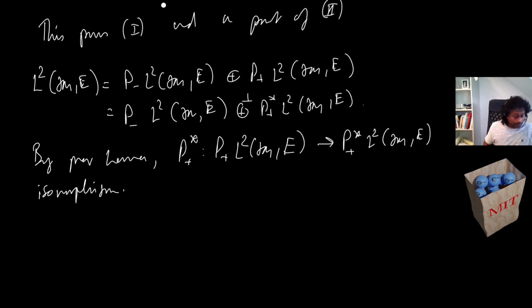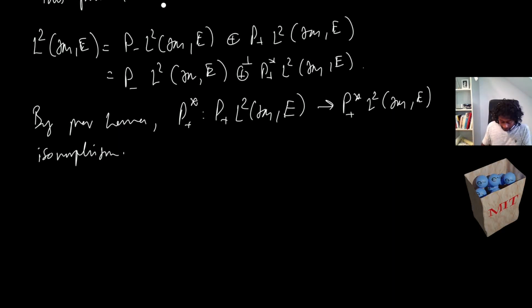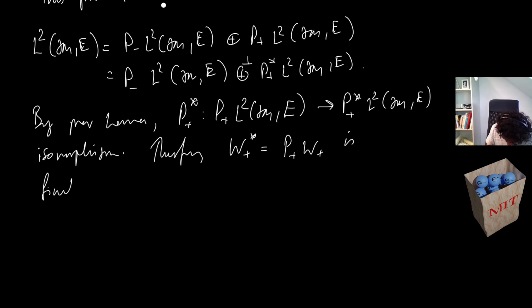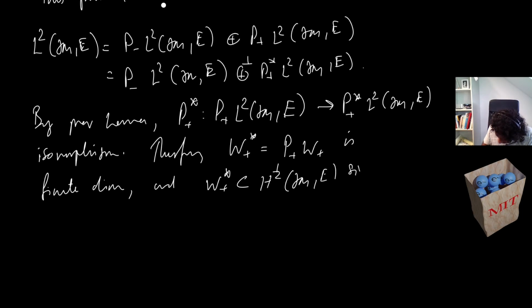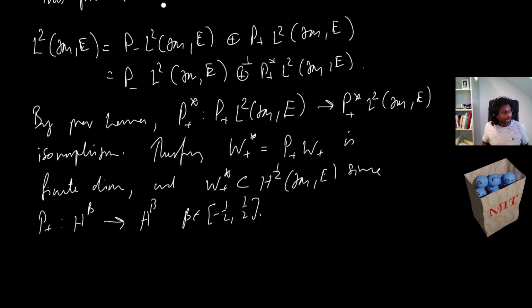So what do we get? Therefore, W plus star is equal to P plus W plus, which is finite dimensional. And we have that W plus star is containing H half of ME, since P plus again maps H beta to H beta for beta in the range -0.5 to 0.5. Okay, so that's really good.